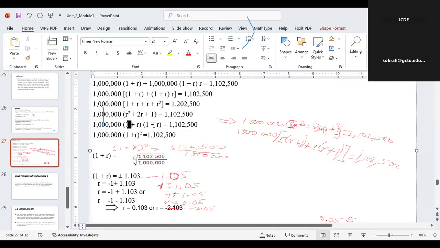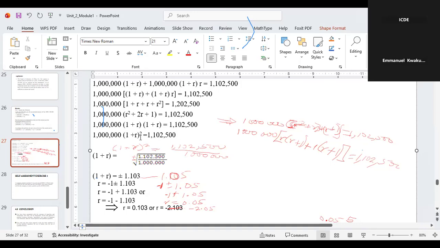If they are the same thing multiplying, then if you have 2 times 2, is it not the same as 2 squared? So 1 plus r times 1 plus r is the same as 1 plus r raised to the power 2. That is 1 plus r squared. So that is what I have done here. Please, are we okay with that?